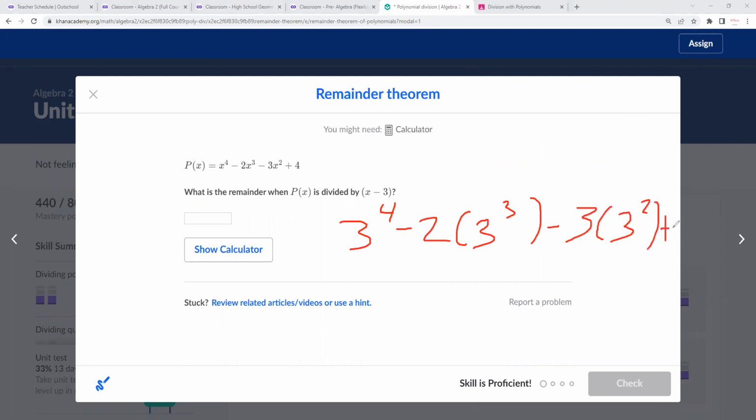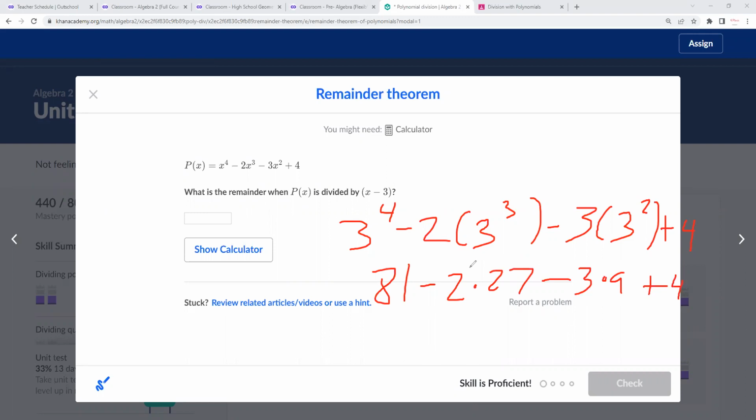And a lot of students have a hard time plugging stuff in. You got to be careful with all the integers and what to do first. Order of operations, you do your exponents first, right? That's why you learn order of operations early on in algebra. This gets me 81 minus 2 times 27 minus 3 times 9 plus 4.